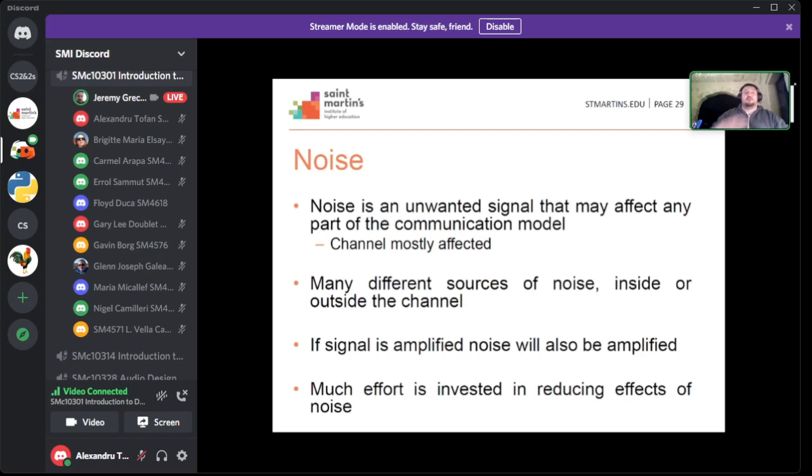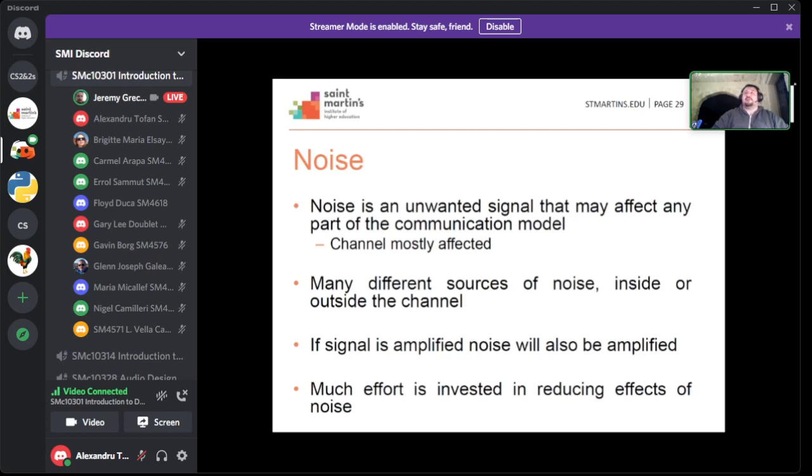Even if you try to amplify your signal, you will also amplify your noise. So essentially, what one tends to do quite a lot is to try to find ways to reduce the effects of noise as much as possible. This is why, for instance, you would see microphones with protective guards around them in order to help reduce the amount of noise.